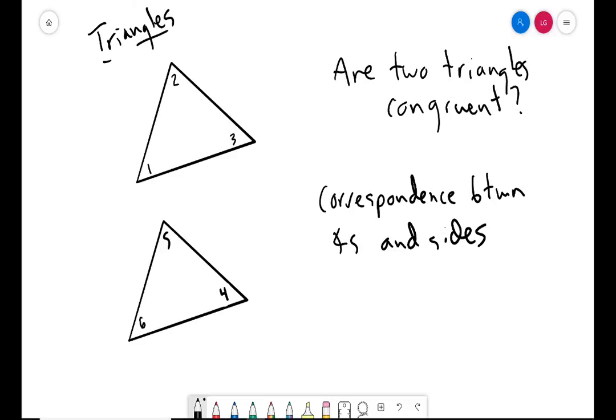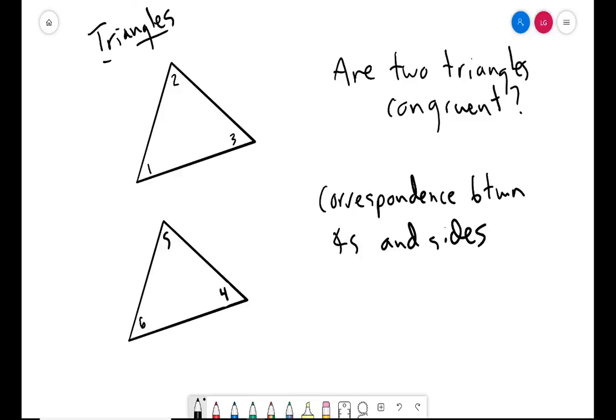You have to be able to match equal angle to equal angle, equal side to equal side. That's what grabbing one of these triangles, dragging it on top of the other and setting it down and having it overlay perfectly means. Angles match with angles equally, sides match with sides equally.